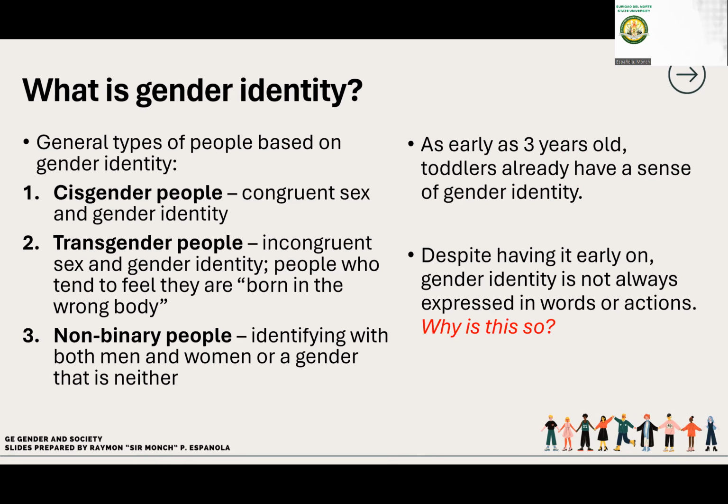What about transgender people? Transgender people are people who have incongruent sex and gender identity. They don't match, they are not congruent.